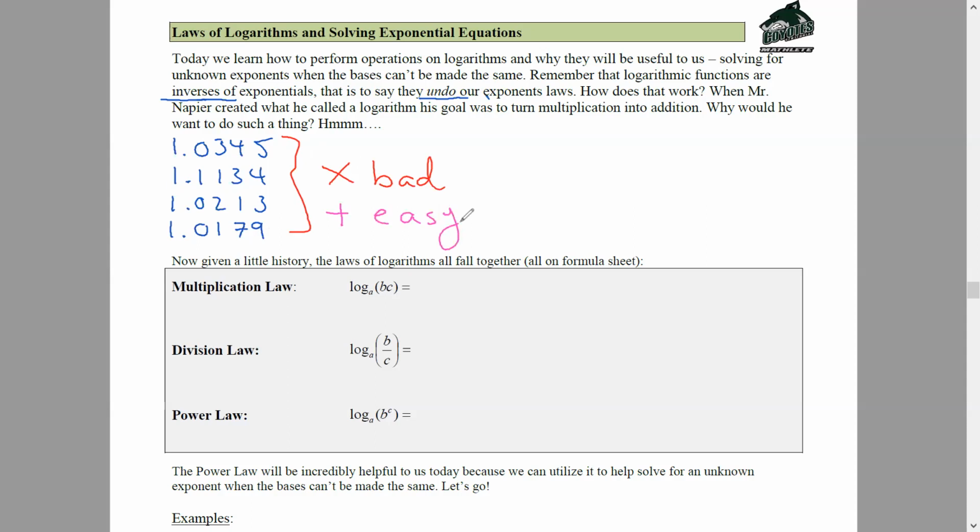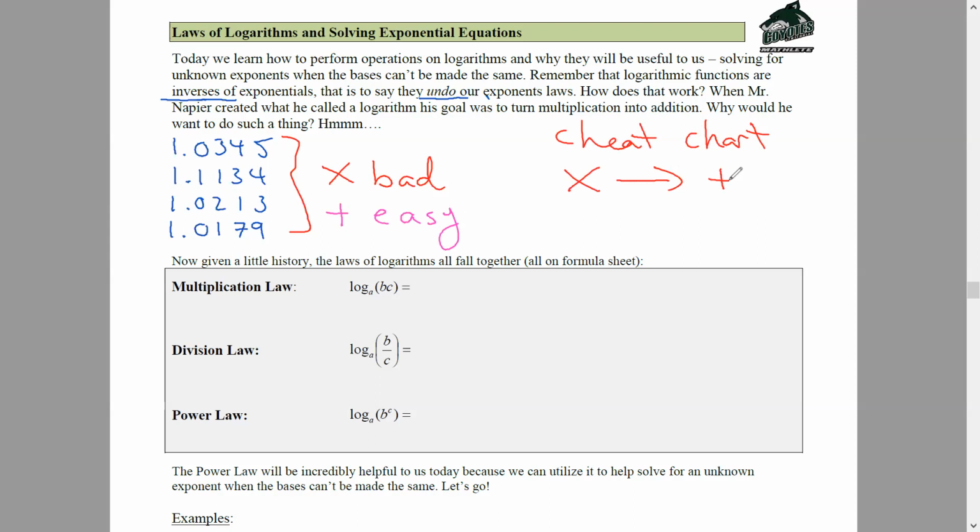I could have added those in grade school really easily. So their goal, and it takes them a while, was to make a kind of cheat chart, like a life hack, and figure out how to turn multiplication into addition.